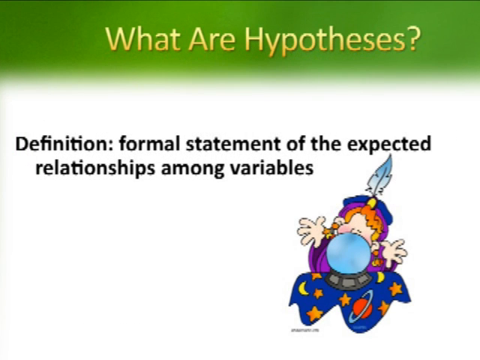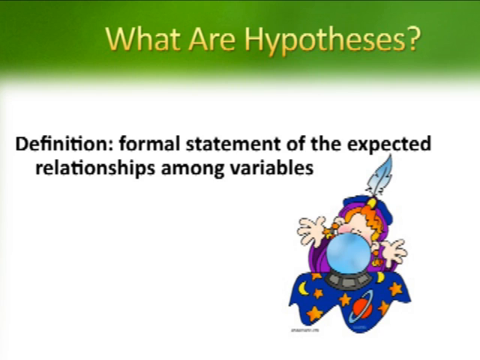Now, what are hypotheses? Well, the definition is that it's a formal statement of the expected relationship among variables. The hypotheses translate that research problem that we just talked about and the research purpose into a very clear explanation or prediction of the expected results or outcomes of the study.